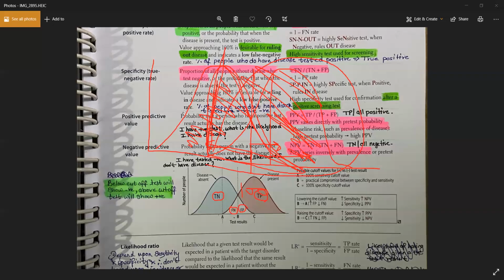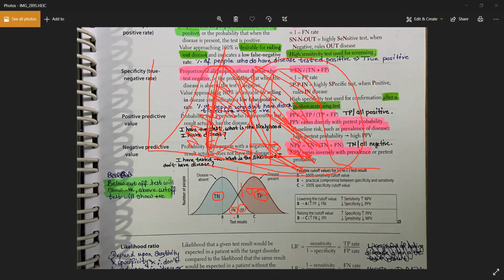A specific test is good in ruling in the disease, which means that when the specific test gets a positive, then I can be 100% sure that this patient has the disease.